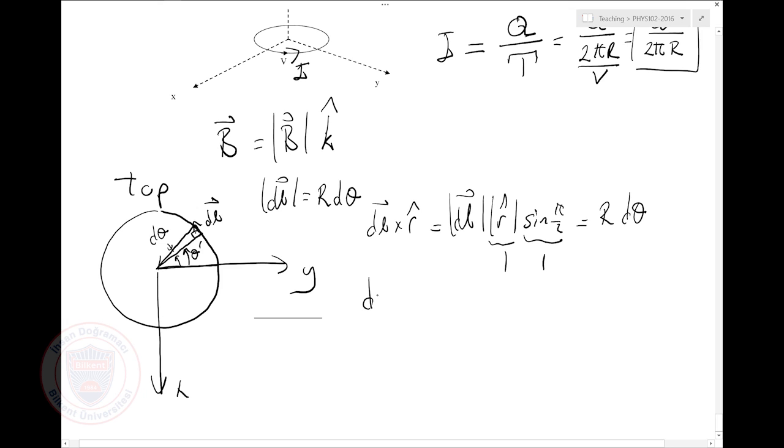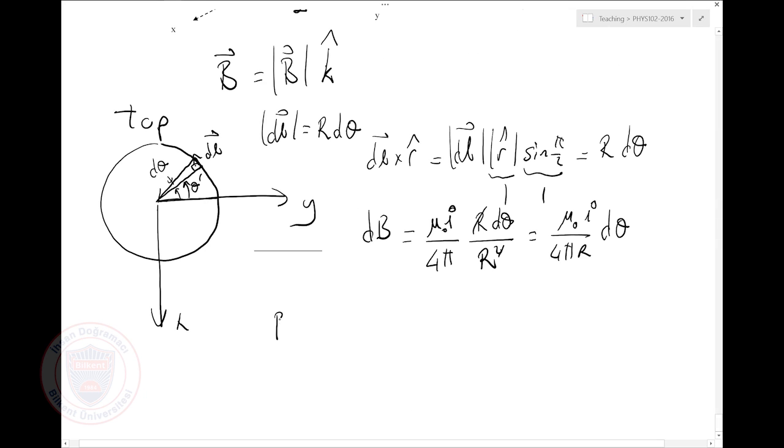So what's the small magnetic field created by this infinitesimal section? Mu 0 I over 4 pi, times dl cross r hat, which is r d theta, divided by r squared. The r's cancel. Mu 0 I over 4 pi r times d theta. The magnetic field will be the integral of these small parts.